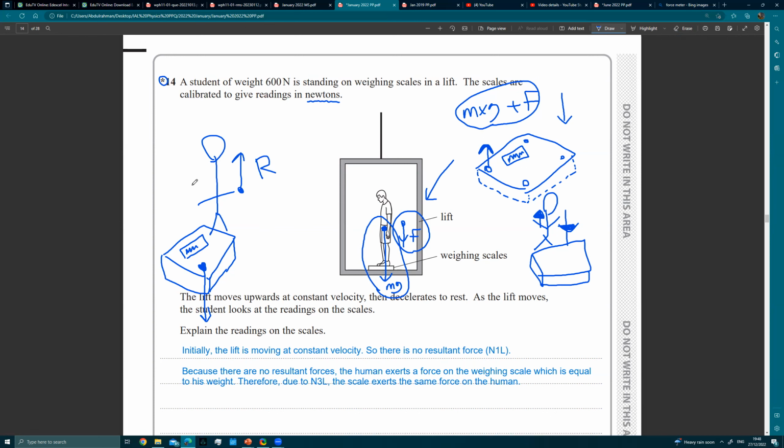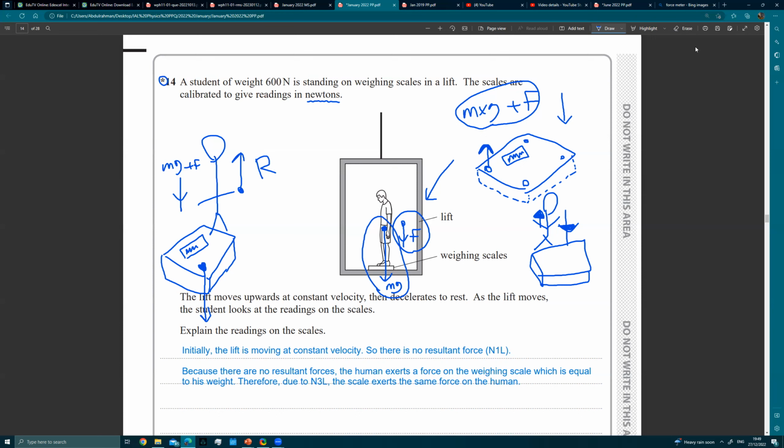Because if the force pushing down increases, because there's mg plus the lift or plus something else, then the reaction force is going to increase. If it decreases, the reaction force decreases. So it just makes more sense to talk about it in terms of the reaction force. But technically speaking, the reading of the scale is the force applied on the scale.